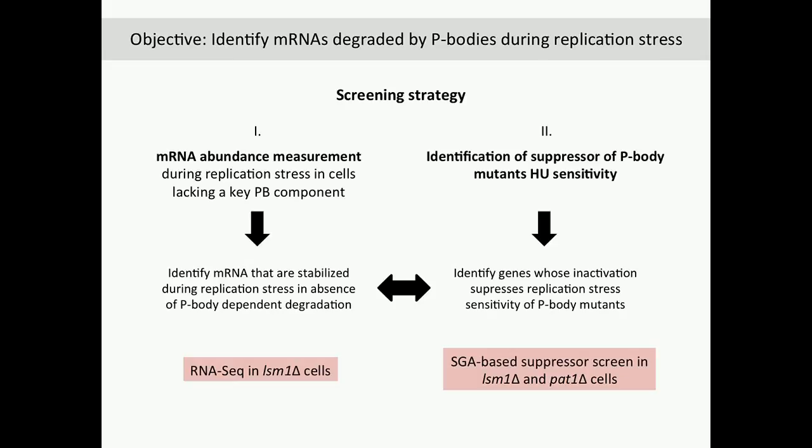One screen was to measure mRNA abundance in P-body mutants during replication stress, and this was with the aim to identify mRNAs that are stabilized during replication stress in absence of a functional P-body pathway. And the other screen was a suppressor screen, aiming at identifying genes whose inactivation suppresses replication stress sensitivity of P-body mutants.